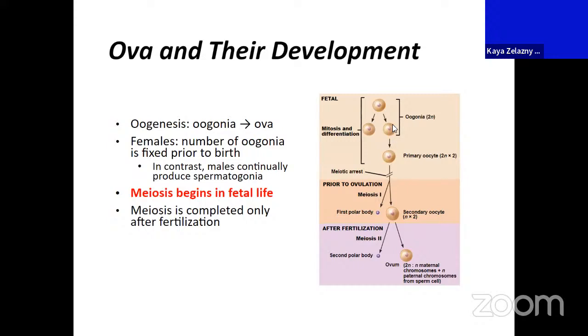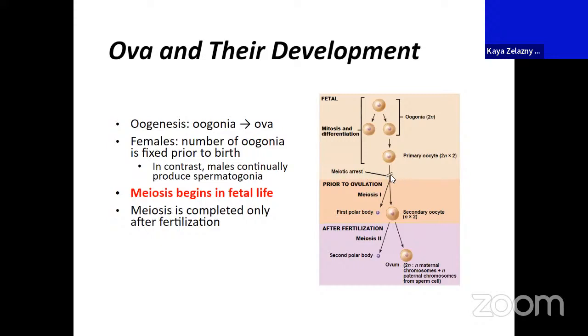This is when they prepare for the process of meiosis. Those oogonia are producing primary oocytes, just like the spermatogonia produced primary spermatocytes in the lead up to meiosis. But after we make these primary oocytes, we're going to enter a period called meiotic arrest.